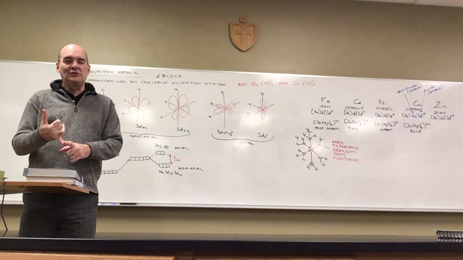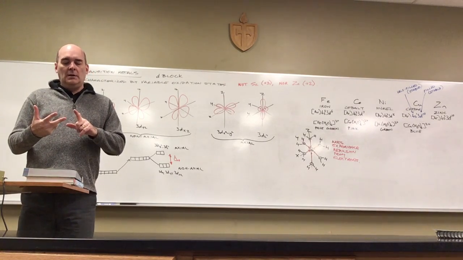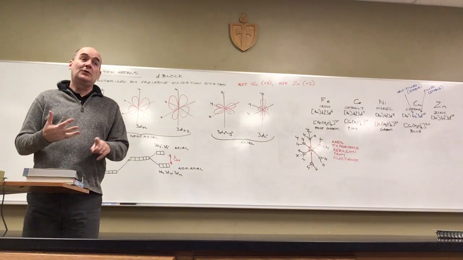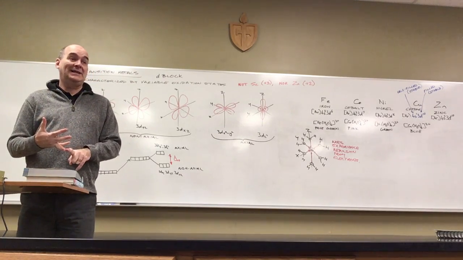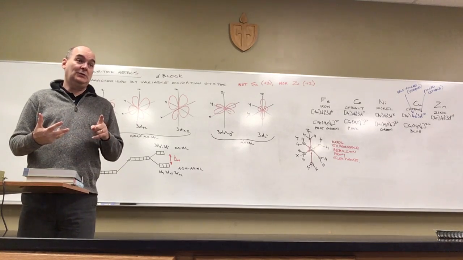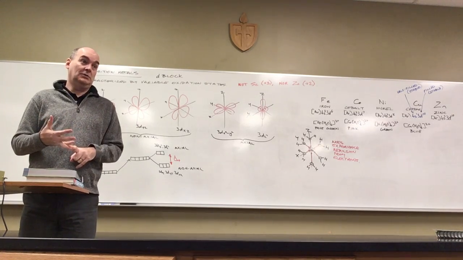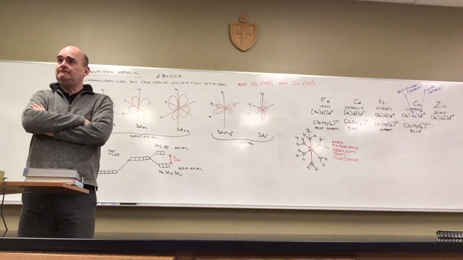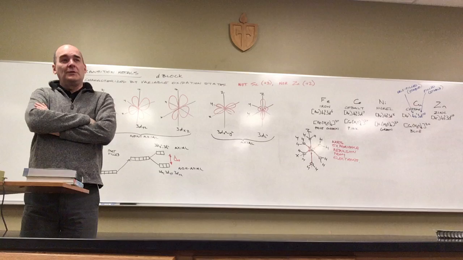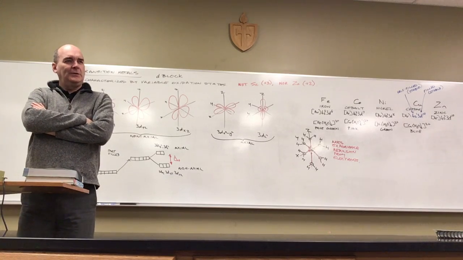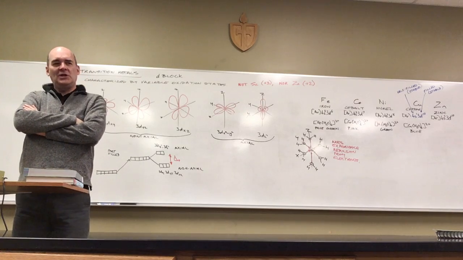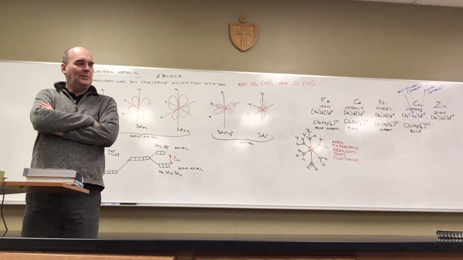We'll have something on nitrogen. Something on peroxides and superoxides: you have to know that they exist and how to identify them. And then the bridging fluorides, that's the same as having a bridging hydride in the boranes.